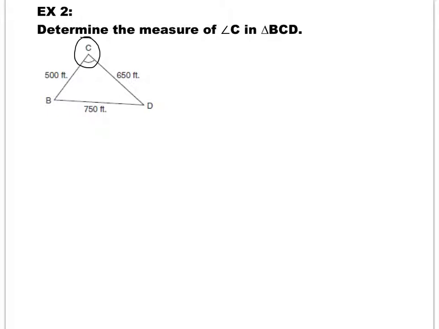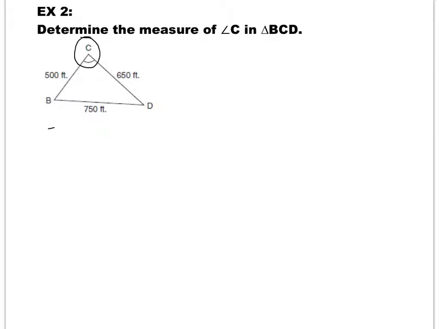And none of these angles is 90, so no trig ratio can be used. So since I'm going to try to find angle C, I'm going to use side c, which is in front of it, on the left side of equality.